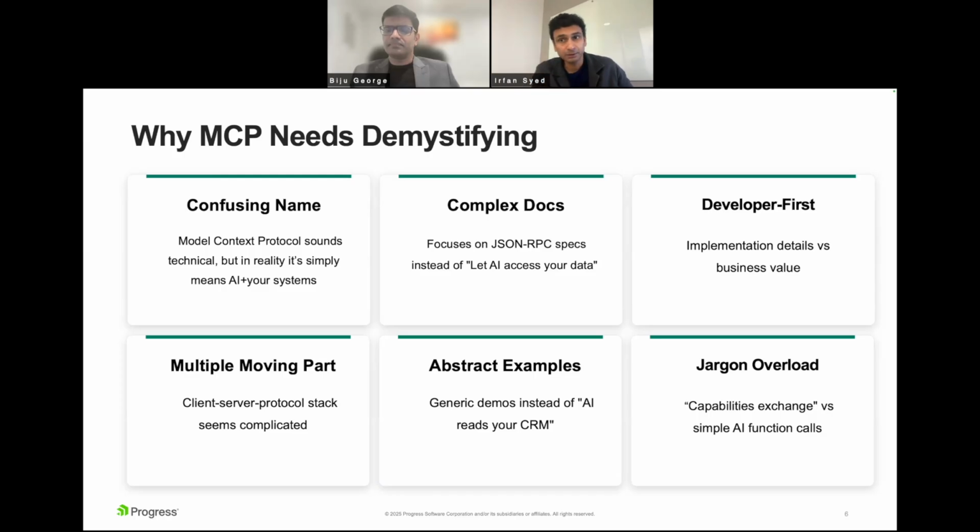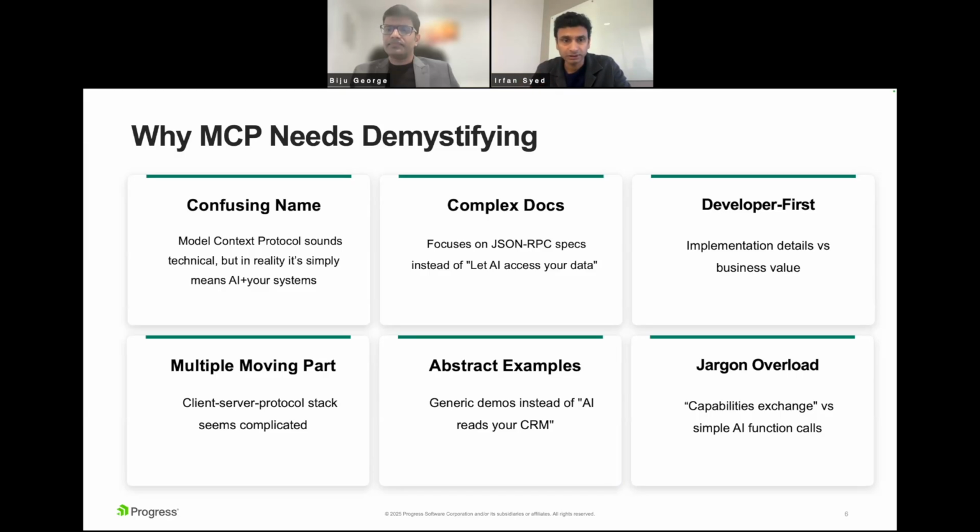Multiple moving parts. If you look at the client server protocol stack, you have to implement the client, you have to implement the server, and what protocol they have to manage in order to communicate with it. There are multiple pieces inside it, and understanding what they are is a little complicated.